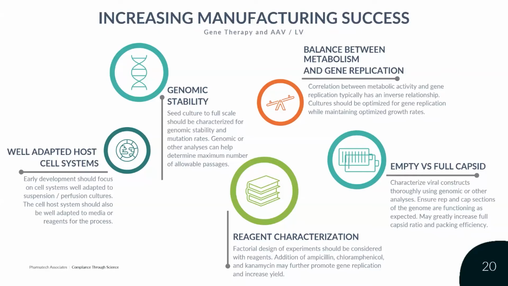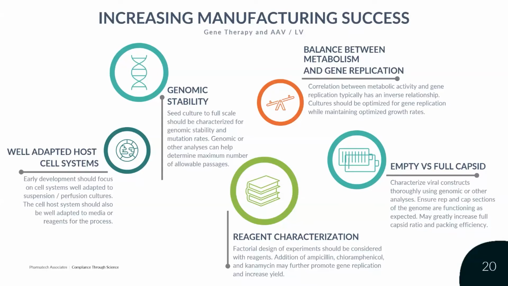And if early development is not focused on well-adapted cell systems, you can have issues that become hard to explain, where the cells might be going through a lag phase when they should be going through a growth phase. That might be due to a host of factors, one of which could be genomic stability. Compared to the 90s and now, genomic characterization, especially of cell systems that are bacterial in nature, can be pretty big in determining how stable that cell system is.